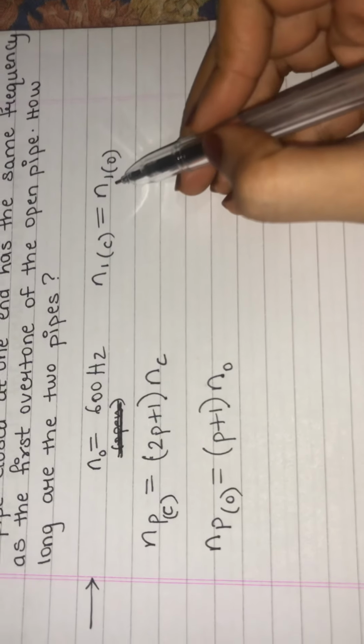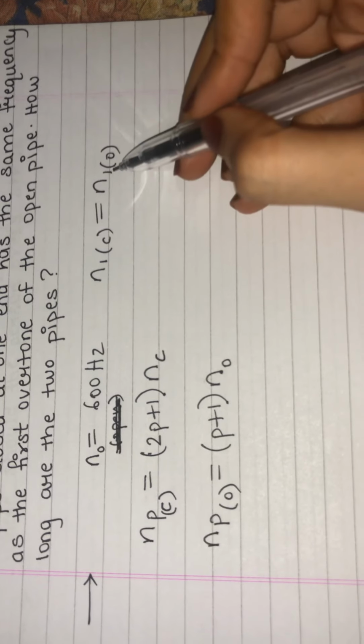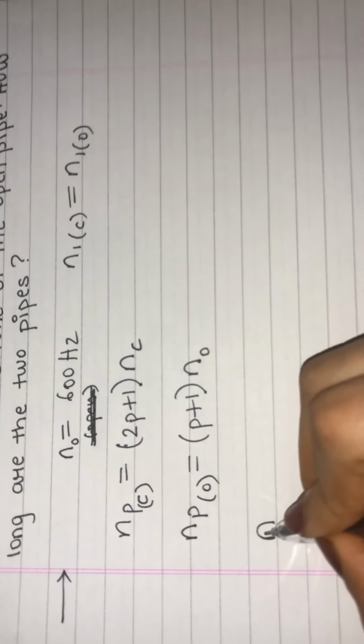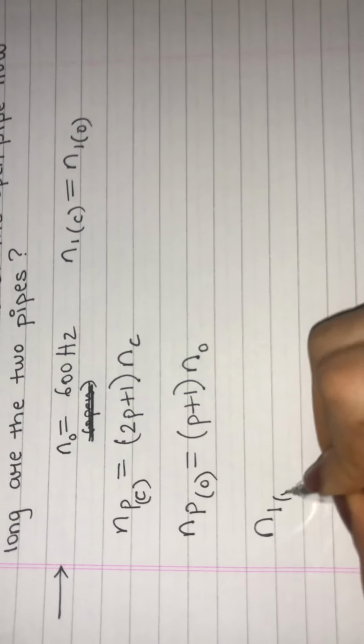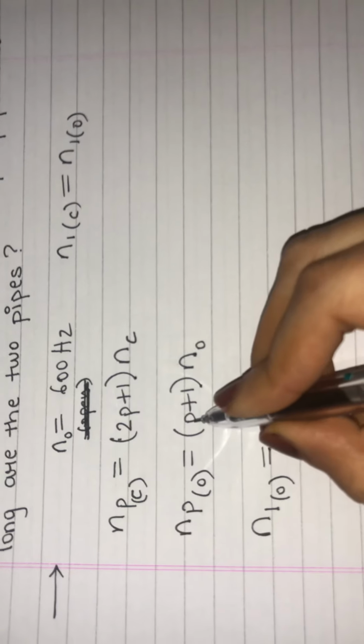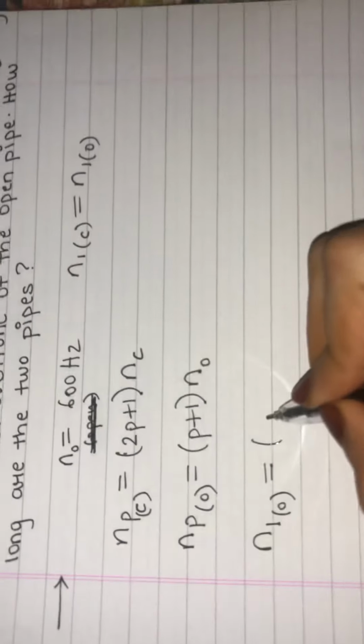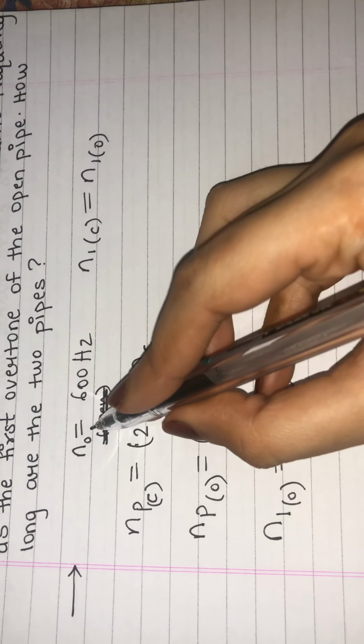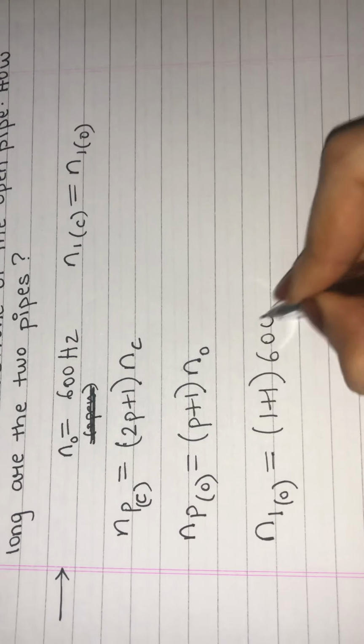What is given to us means they are talking about the first overtone. I have written the formula for the pth overtone. So let's write the frequency of the pth overtone for the open pipe. In place of p I am writing 1, so I'll write 1 plus 1, and N0 is the fundamental frequency of the open pipe, that is 600.